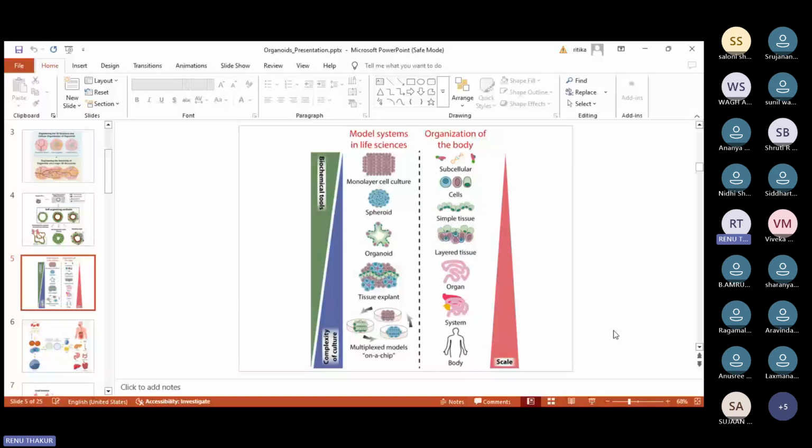Okay, so if we are talking about signaling pathways, you all must be aware that a signaling pathway is not the work of only one cell. It is a connection of organs, in fact, from one organ to another organ to another organ.